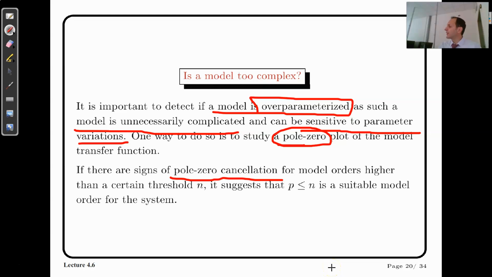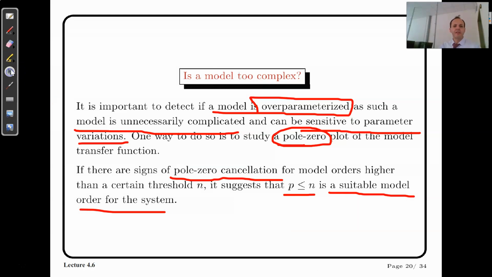If you are entering an extra pole, the model automatically includes an extra zero that cancels out this pole. In this way, the model suggests that perhaps a lower order is a suitable order for the system.